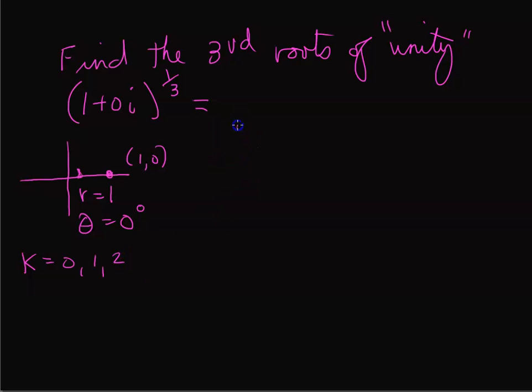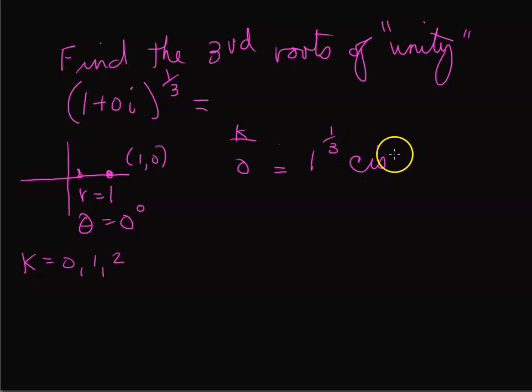So if k is 0, then you've got r to the 1/3 power, but r is 1. 1 to the 1/3 power. Cis.